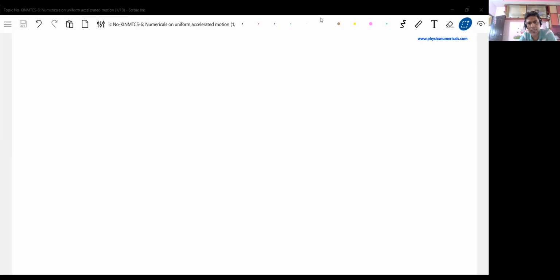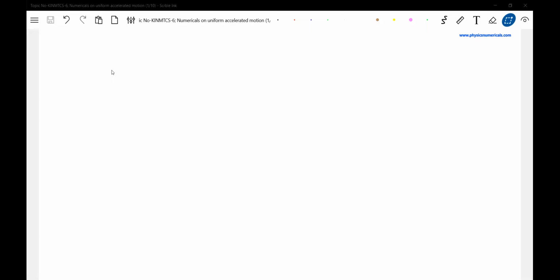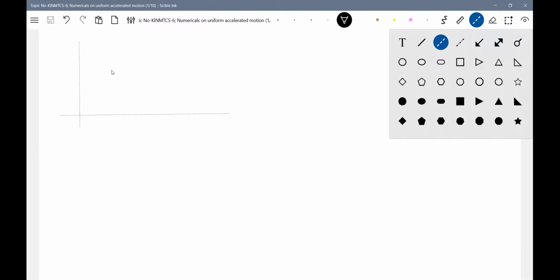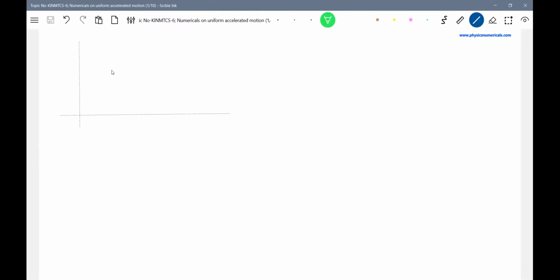First, we'll start with the velocity versus time graph. If a velocity versus time graph is given, then what all information can we gather from it? That is what I'm trying to stress here. So let me take a simple example.